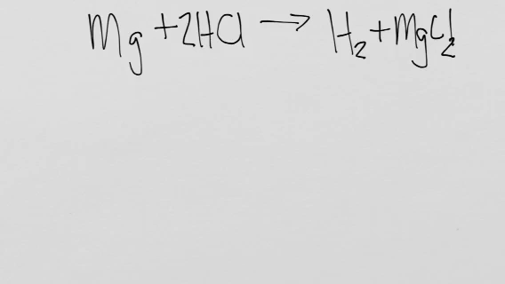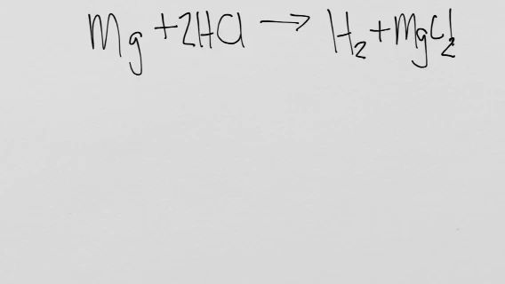Now, this is a chemical equation. Okay? It has the chemical symbols of each of these substances. But what you need to understand is that there is an order to writing a chemical equation.